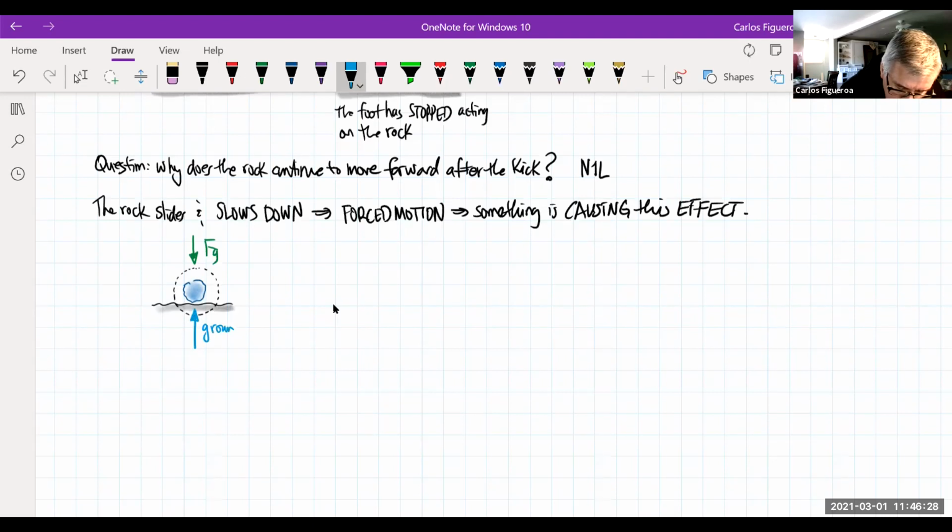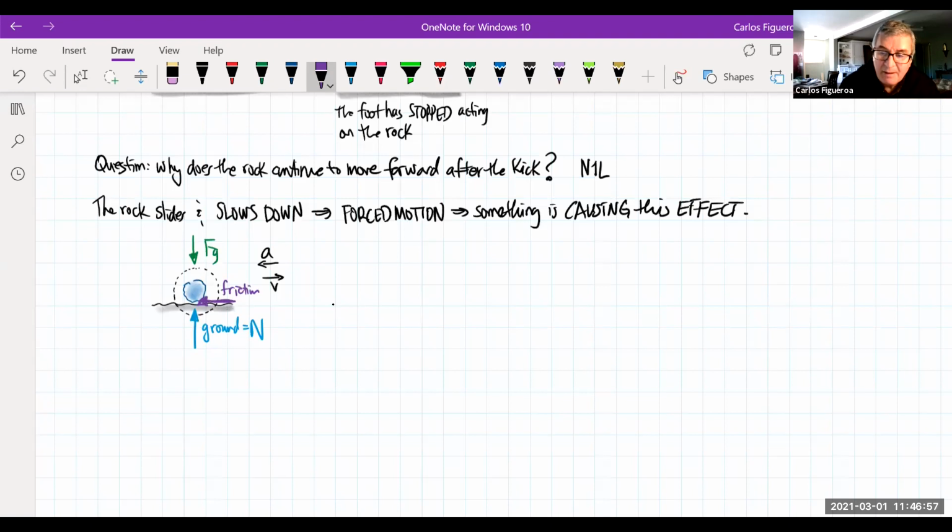The ground is pushing up, and that is what we call the normal force. But we also know there's a velocity and an acceleration in the opposite direction. So there has to be something slowing that thing down, and we conclude that there has to be friction here.